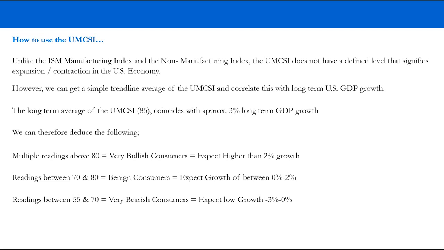Readings between 55 and 70 are very bearish US consumers, and we can expect contractionary conditions in real GDP growth, with low growth rates of around 0 to -3%.